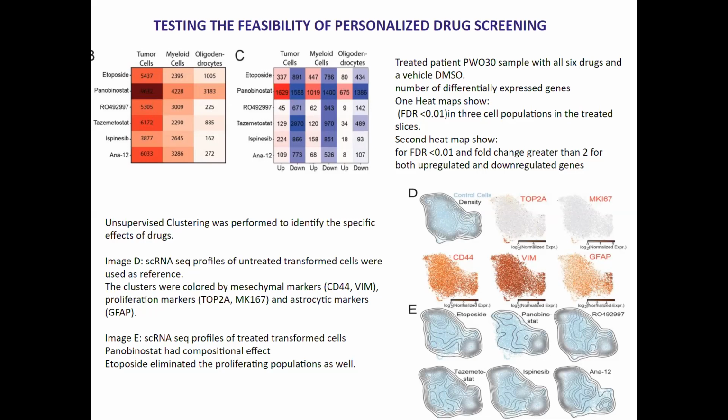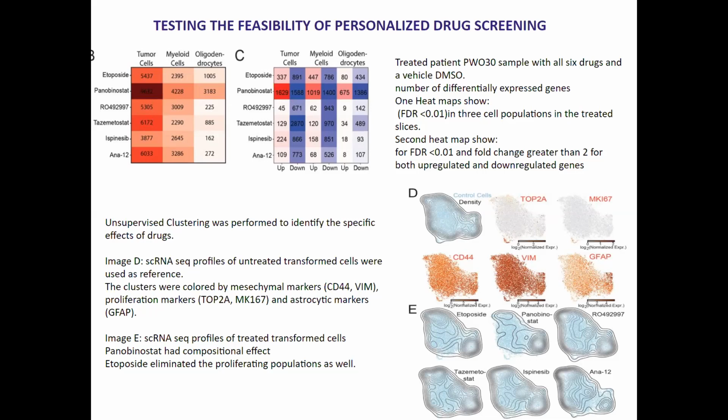And the clustering they did below was they compared the control slices, which were treated with DMSO, and they checked for the marker genes in the myeloid, tumor and oligodendrocyte populations. And then they compared with the clustering that they did for the other samples, which were treated with the other 6 drugs. So this is the portion of the analysis where they stopped.